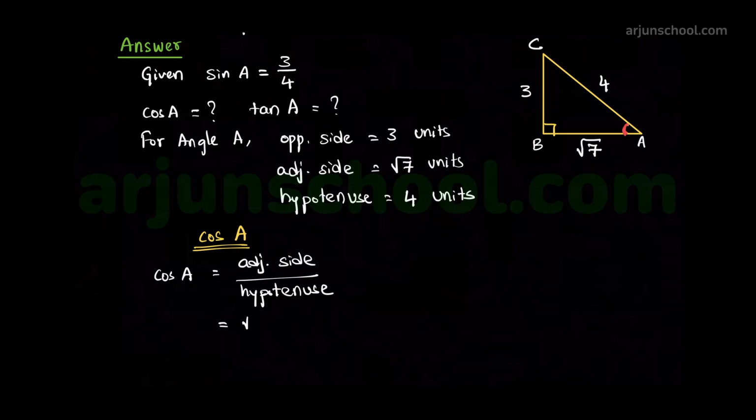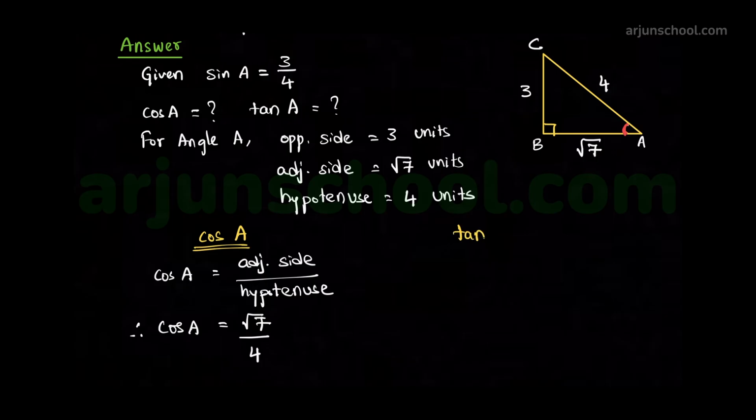We have found that adjacent side is equal to root 7 units and hypotenuse we know is equal to 4 units. Therefore cos A is equal to root 7 divided by 4.